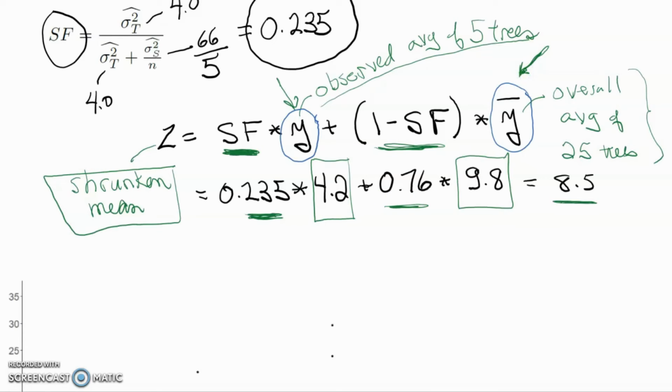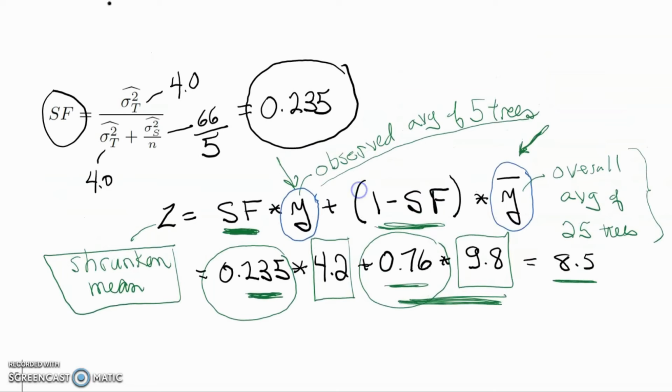And the reason for that ratio, if you look at this 0.235, 0.76, you can see that it's attaching a particularly high weight on the overall mean, and that's just because when you consider the total amount of variance, only a small amount, relatively speaking, 23%, was associated with the parent tree effect, and a relatively large amount was associated with the effect of the observed average seedling heights.